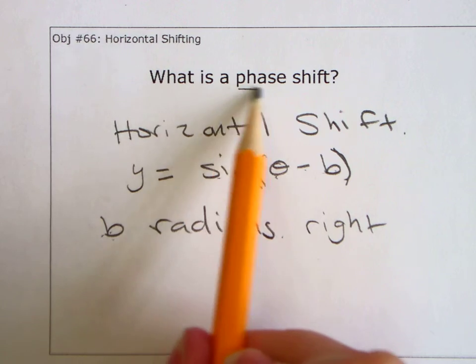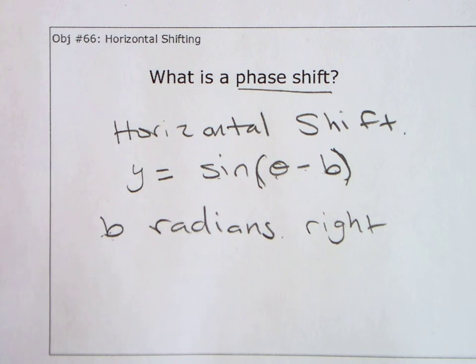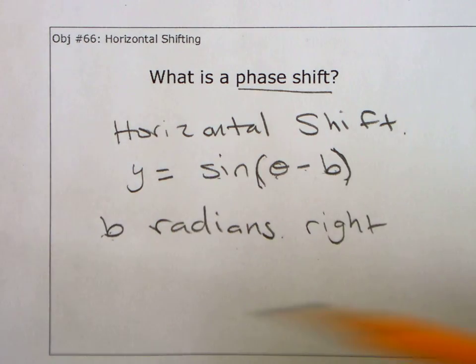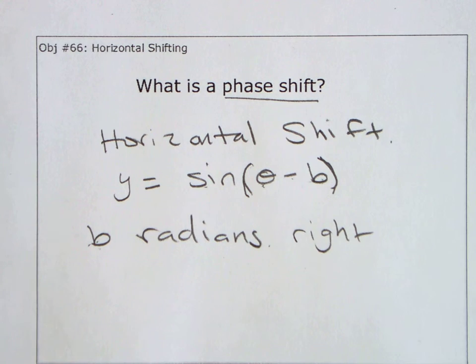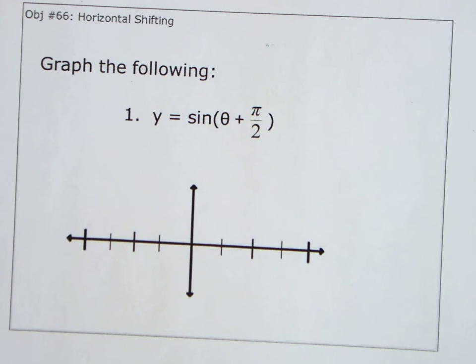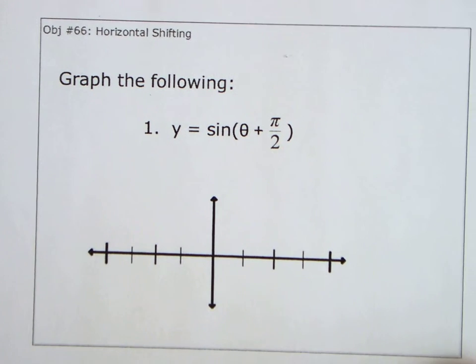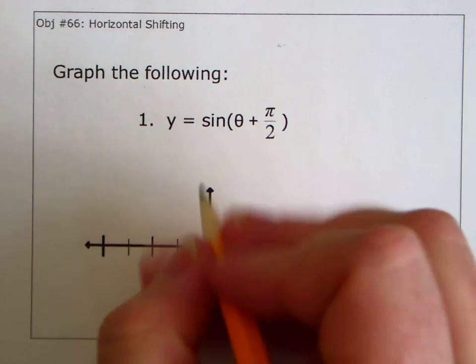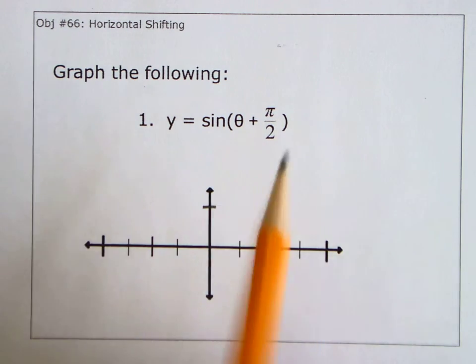So a phase shift is just a fancy way of saying we're going to go back and forth, left and right. All right, let's start with sine. So let's graph sine of theta plus pi over 2. First thing I'm going to do is label my grid. So what's my amplitude?